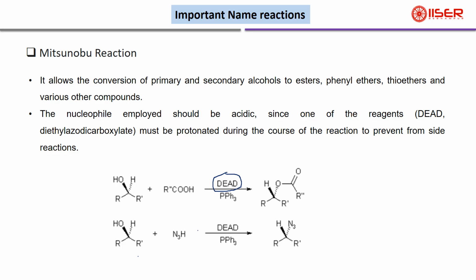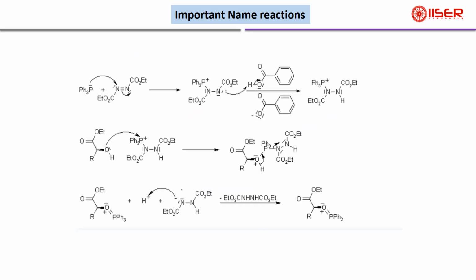various other compounds. The nucleophile employed should be acidic, since one of the reagents must be deprotonated during the course of the reaction. If you see the mechanism, first PPh3 will attack this diethyl azodicarboxylate, same as in tetrabromomethane.